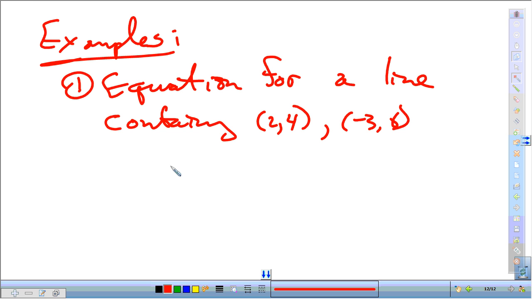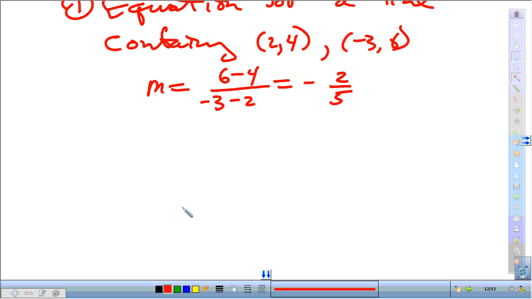So the first thing, we could go back and find the slope as a change from 4 to 6 in the y, and -3 to 2 in the x, and end up with a slope of -2/5. Now we have a choice of 2 points, but we could use, say, the point (2, 4). So y minus the 4 is -2/5 times x minus the other coordinate of the point, which is 2.